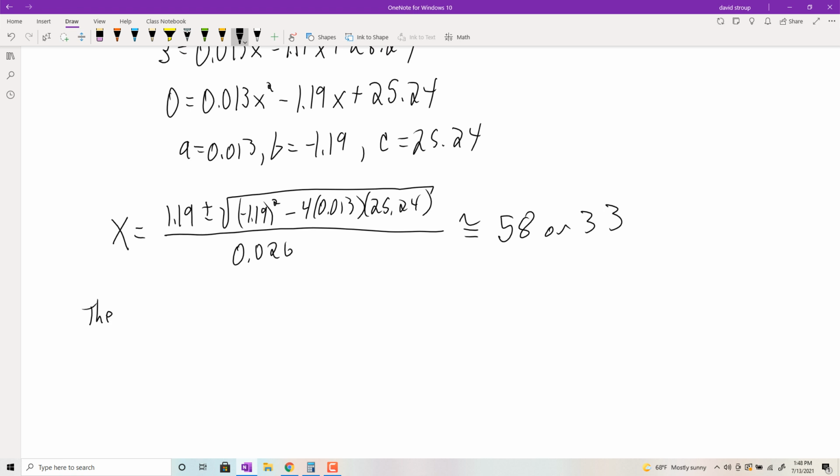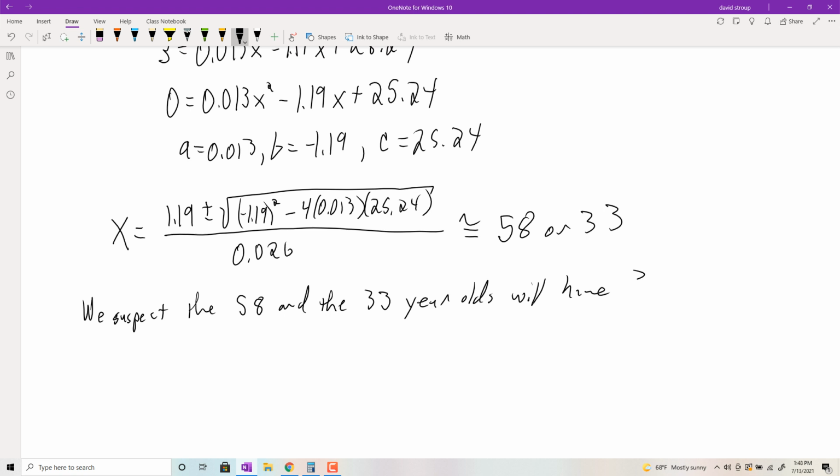So I'd write that out. The age groups are, geez, that's not a good way to say it. So we suspect the 58 and the 33-year-olds will have 3 crashes per 100 million miles.